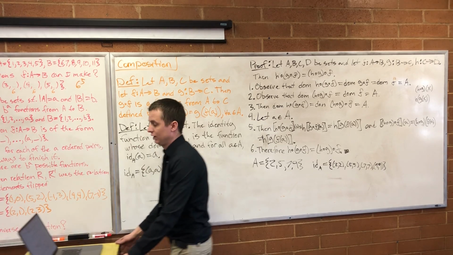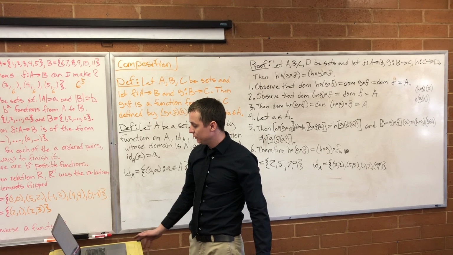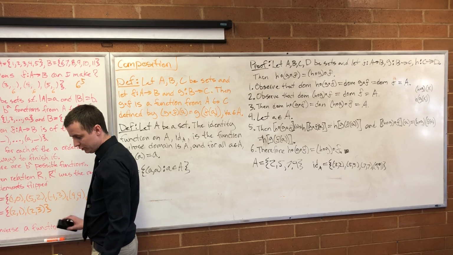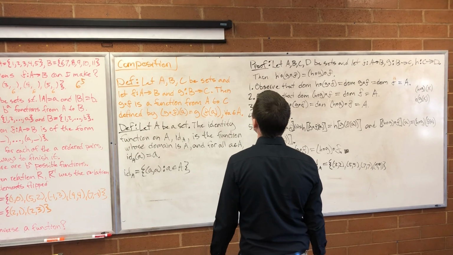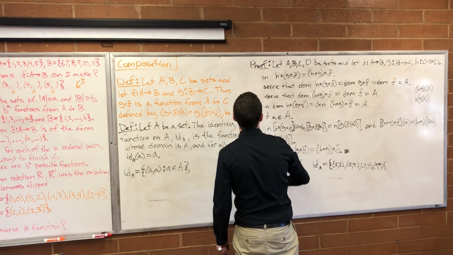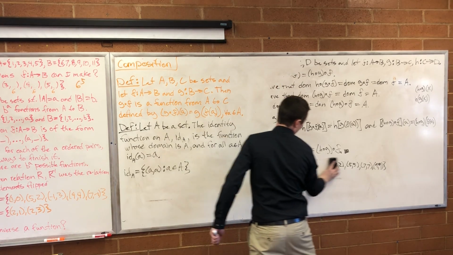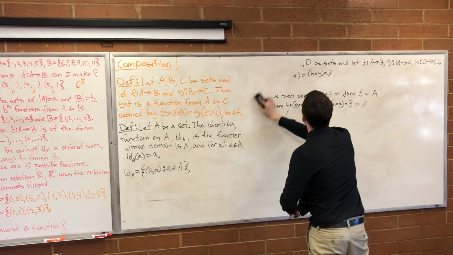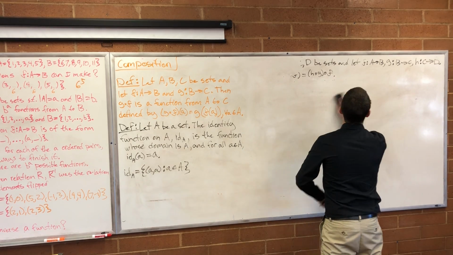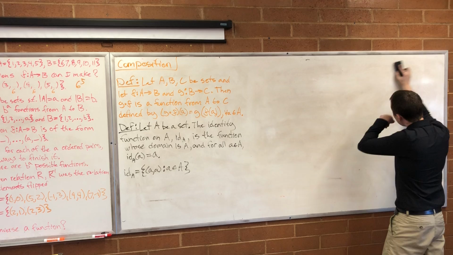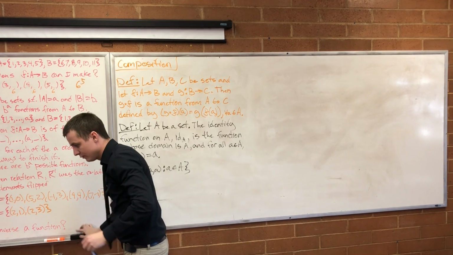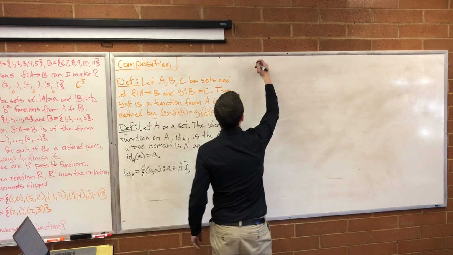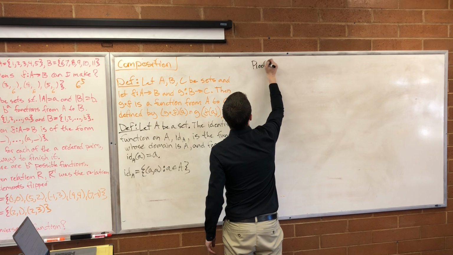One more proof, then we're done for today. So proof: let A and B be sets, let F be a function from A to B. Prove that F composed with the identity on A is equal to the identity on B composed with F, which is equal to F. Okay, we have to erase this. Proof.